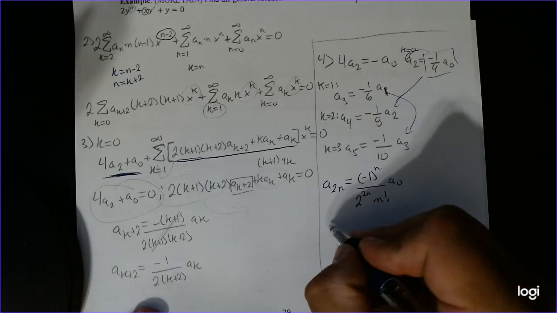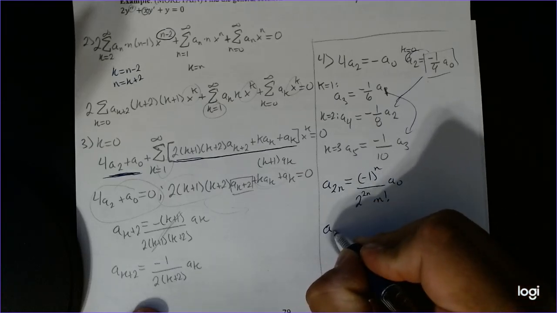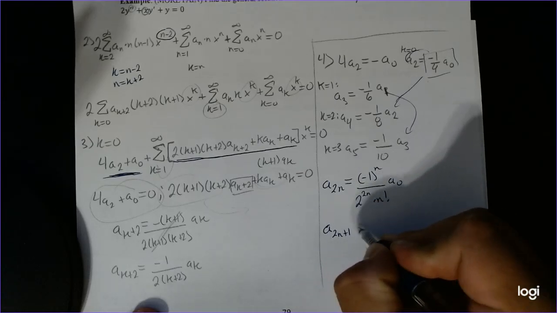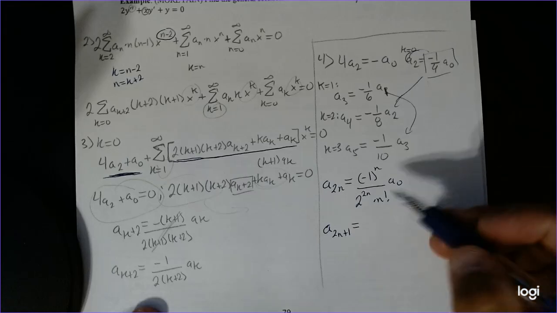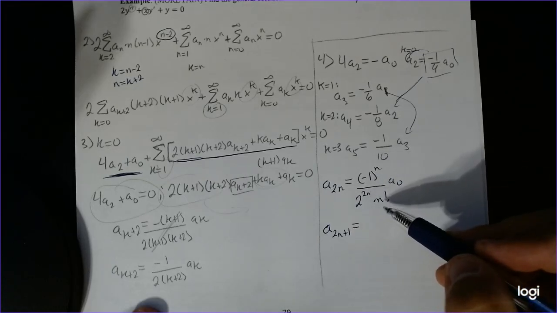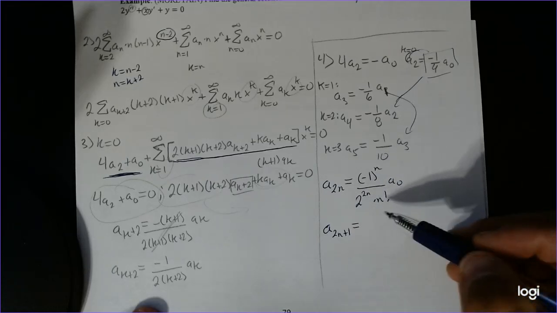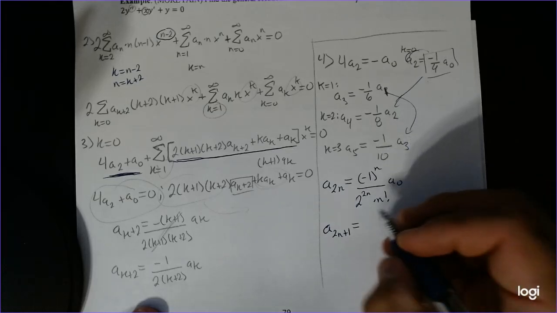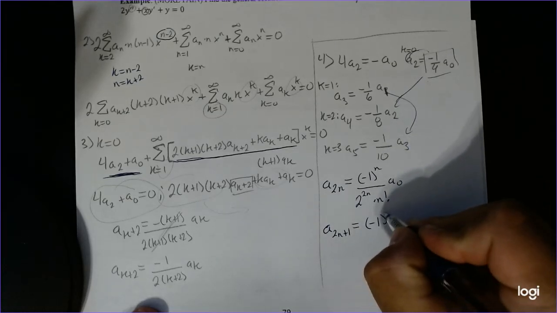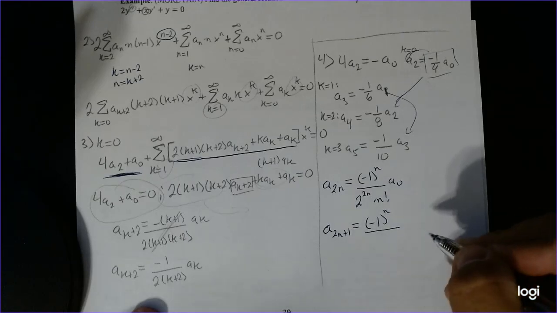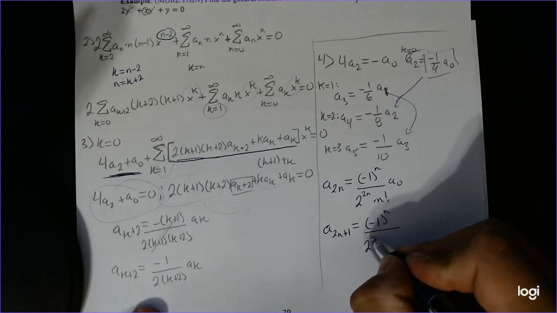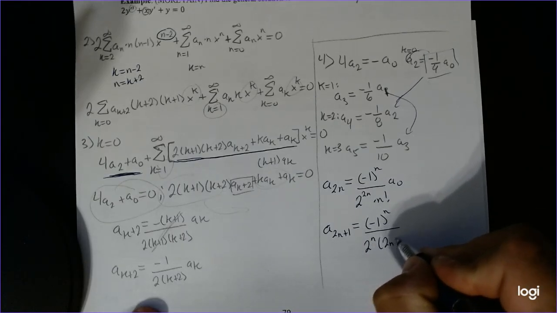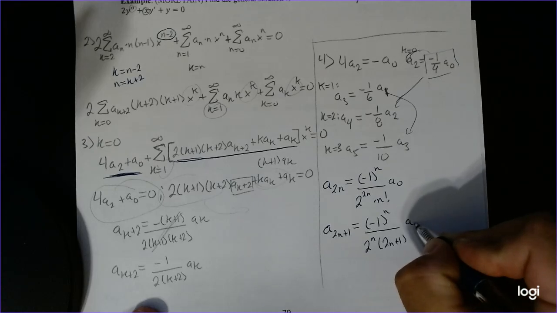And then the odd powers follow about the same process, but the bottom is just going to be the odd number, because it's multiplied by 3 or 5, and so on. Same thing, plus or minus on top, this time 2 to the n times 2n plus 1, times a1.